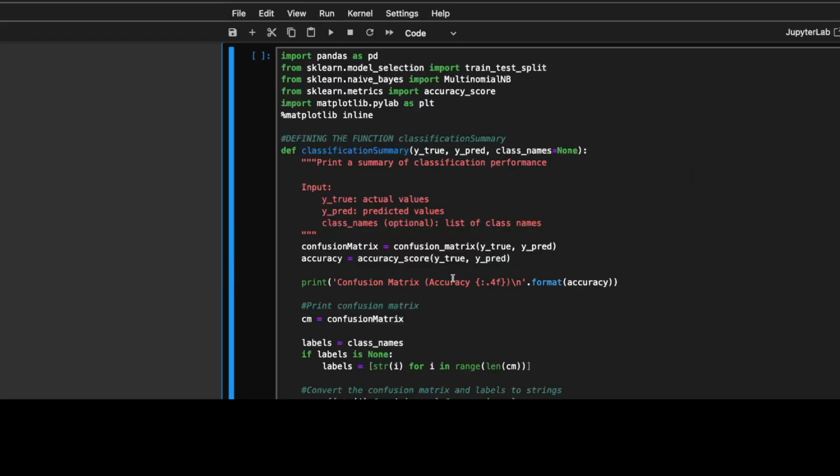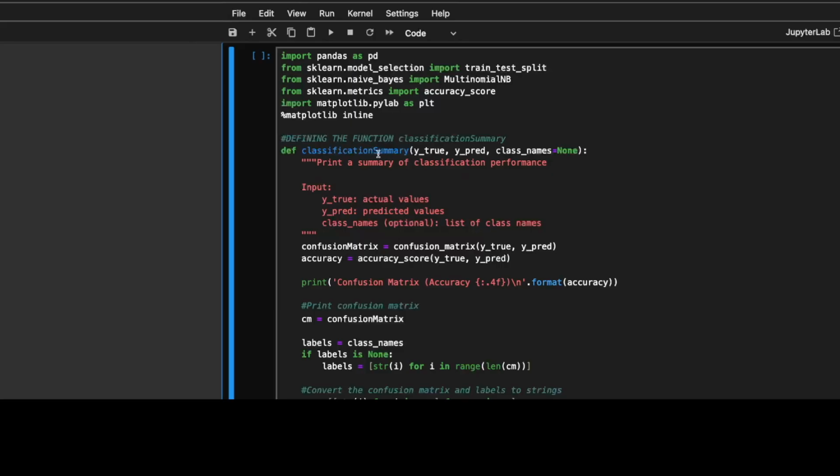Now we are going to evaluate the model with a confusion matrix. So what we're going to do first is to evaluate our classifier. We use a custom function, which is our classification summary, that displays a formatted confusion matrix along with accuracy. The confusion matrix shows us not just overall accuracy, but the types of errors our model makes. So that's what we will do here. Again, importing everything that we need, accuracy score, something which we will later on use.